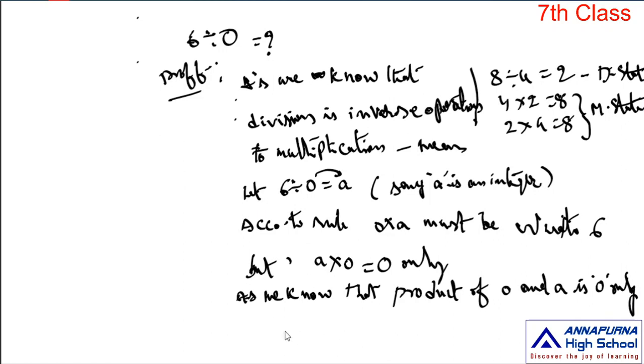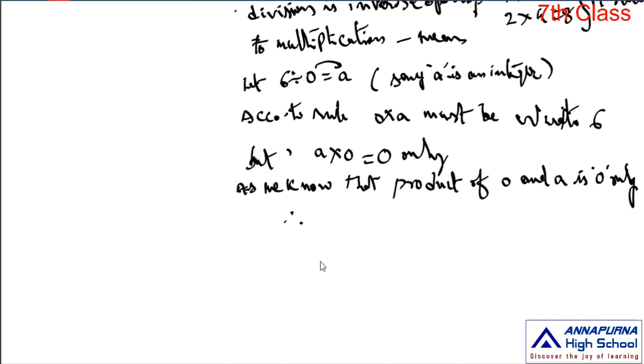Therefore, according to this one, we can write that 6 divided by 0 is not equal to an integer.